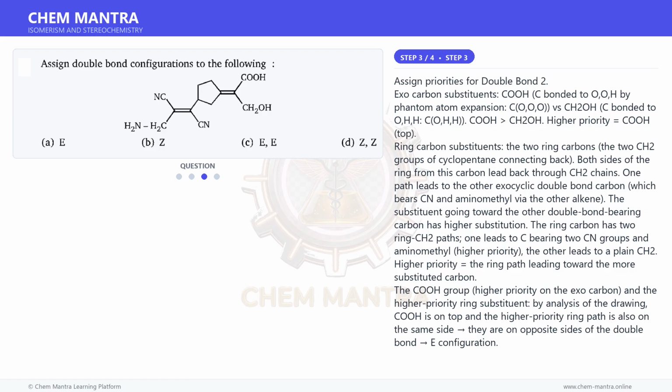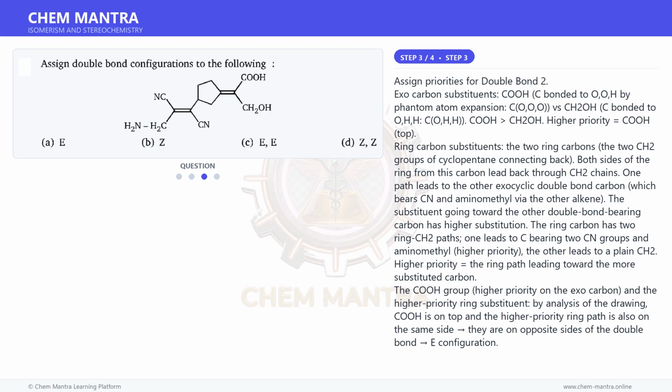The substituent going toward the other double bond bearing carbon has higher substitution. The ring carbon has two ring CH2 paths, one leads to the carbon bearing the CN groups and aminomethyl, higher priority, the other leads to a plain CH2. Higher priority is the ring path leading toward the more substituted carbon.